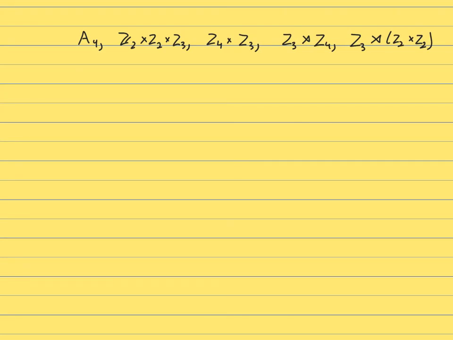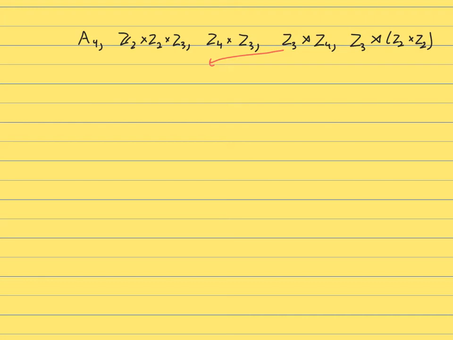Now, one question you might want to ask is, is there an easier way to describe these two semi-direct products? Why would you want to do that? Because sometimes if you can replace semi-direct products with direct products, it's a little easier to work with. So let's look at this one again.